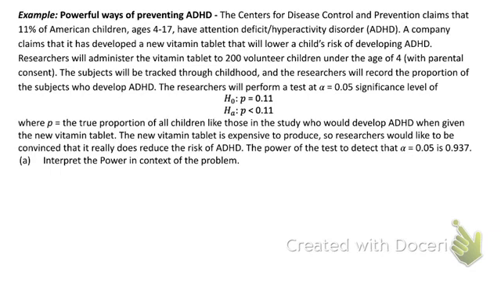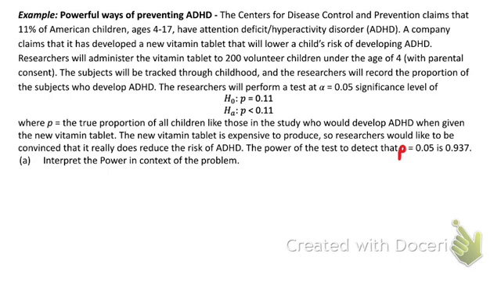The new vitamin tablet is expensive to produce, so we want to make sure we are really convinced that it's going to reduce the risk of ADHD. The power of the test to detect that, this should say P, you guys, that should not be another alpha, that P equals 0.05 is 0.937.